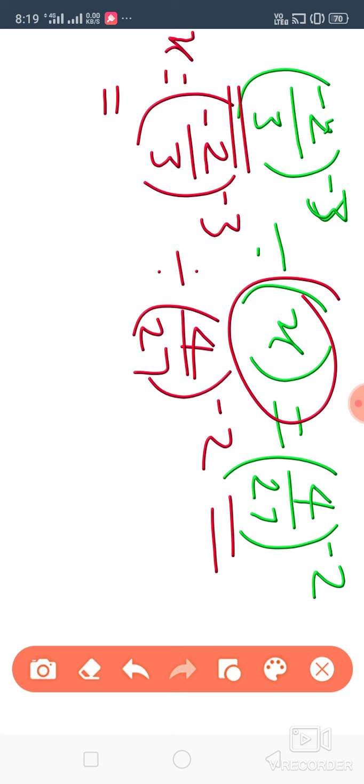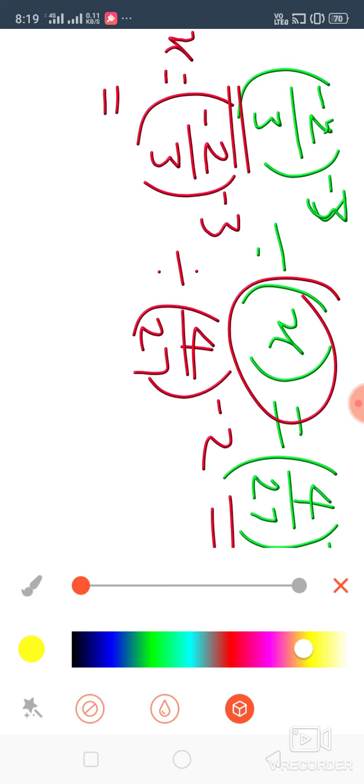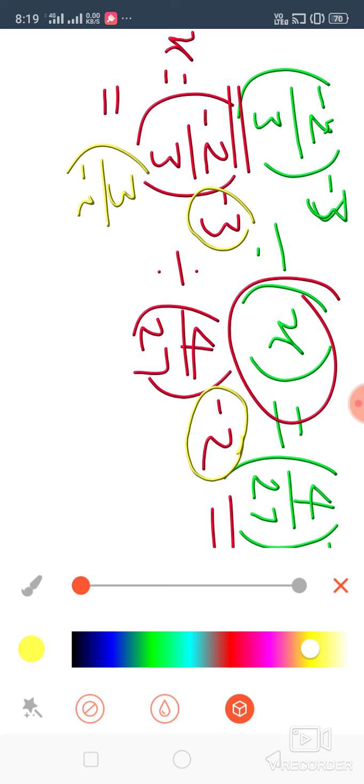First of all, what is the exponent here? Look here, the exponent is -3. And here also the exponent is -2. So to make the exponent from minus to plus, what do we have to do? We have to take the reciprocal. So we'll write (3/-2) and its exponent will become, from minus, plus 3.